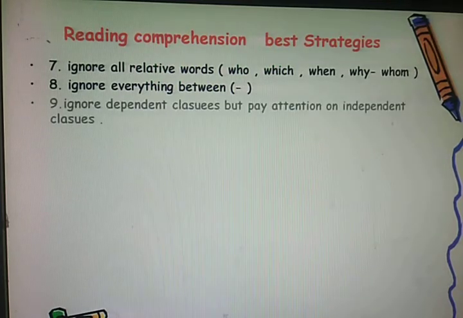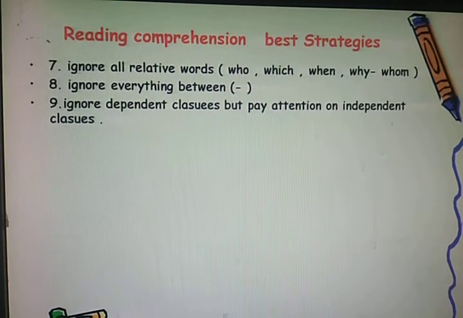Number 9 point, ignore dependent clauses but pay attention to independent clauses. You must know what the dependent clauses and independent clauses are. A dependent clause depends on another clause. It cannot stand by itself.